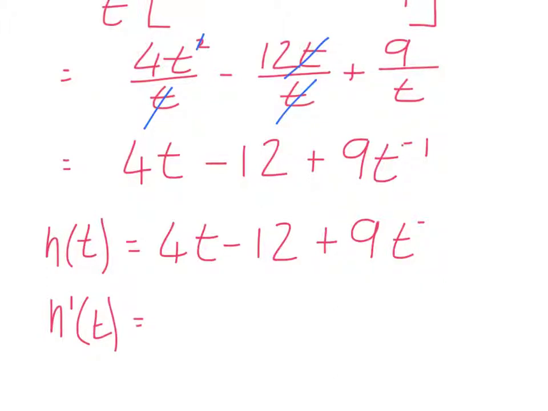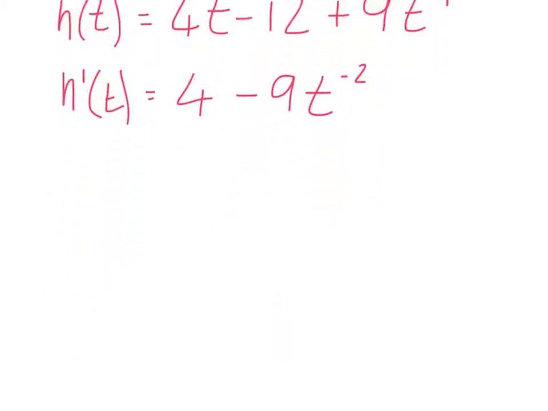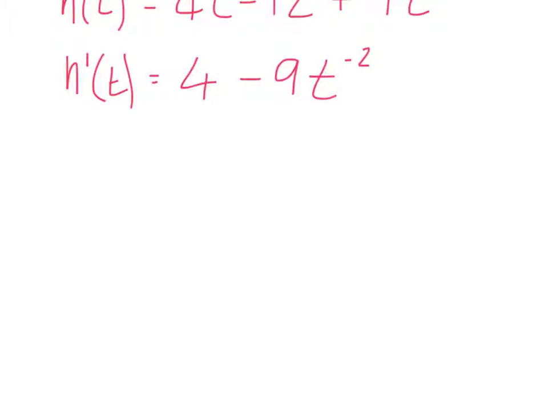When we differentiate, it just gives us 4. Take away 12 just disappears completely. And then that's minus 1 on there. Minus 1 comes down as the multiplier, which gives us minus 9t to the power minus 2 when we subtract 1.